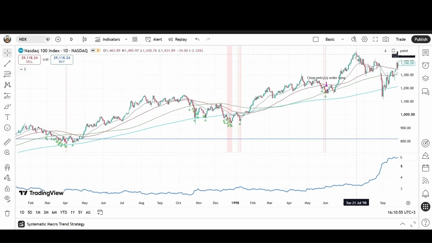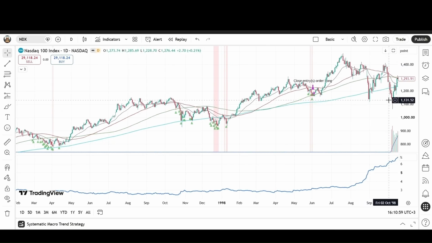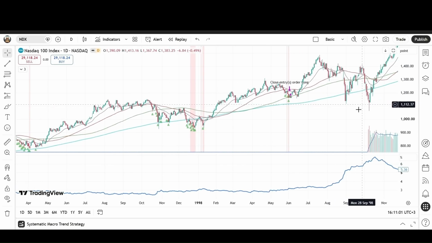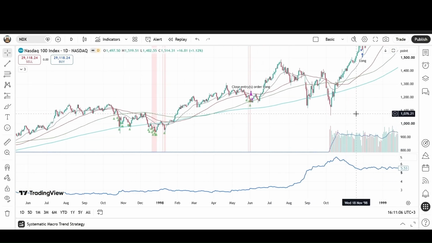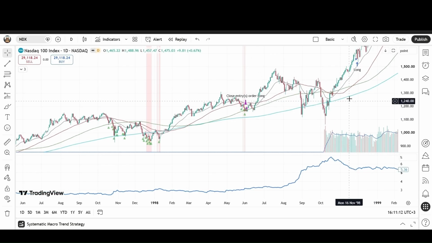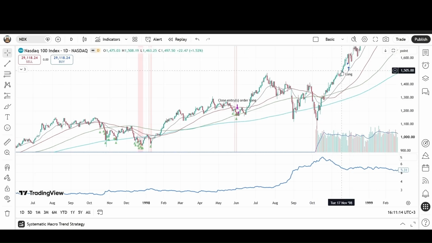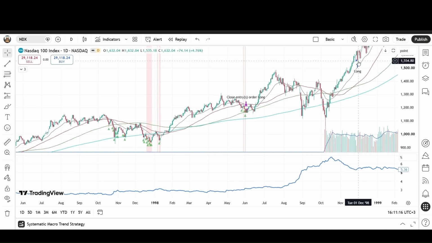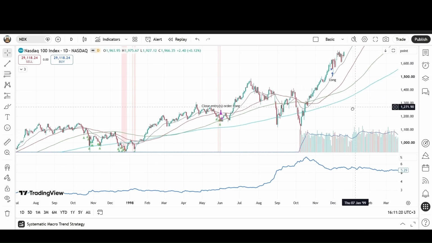Now after that we do rally a bit up, but then we go down more. It's just volatile, and the risk is increasing over here, but then it cools down a bit, and the price action is so bullish right here that you just can't ignore it, so it goes long here.